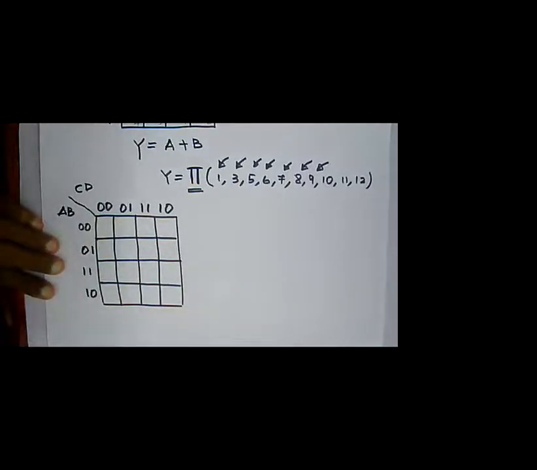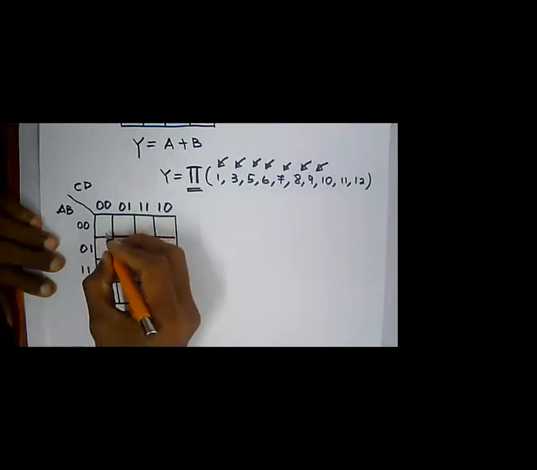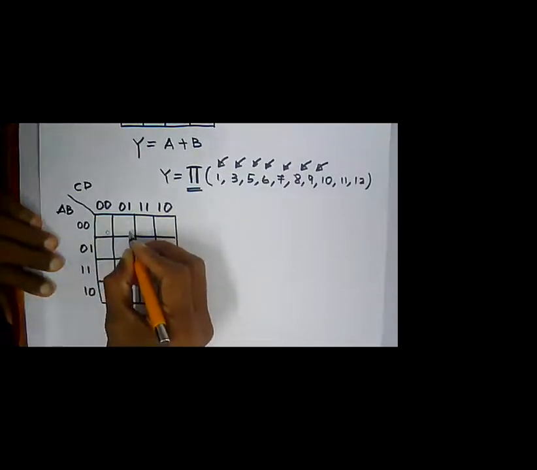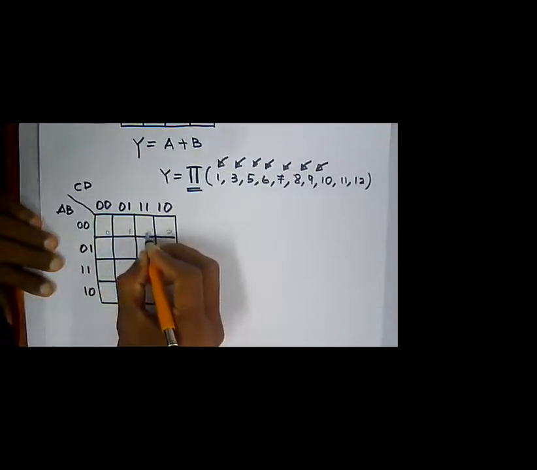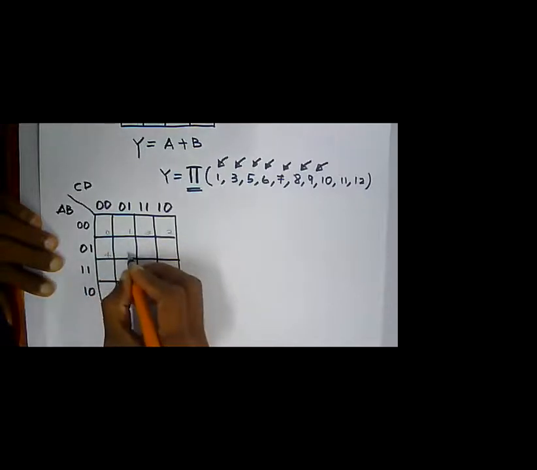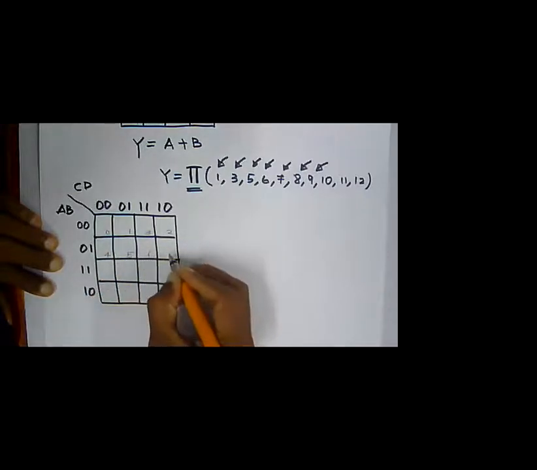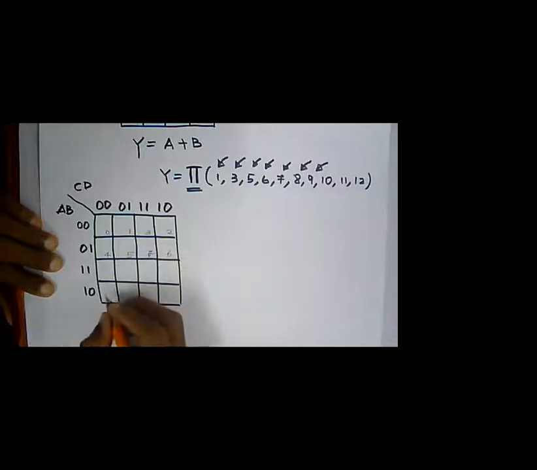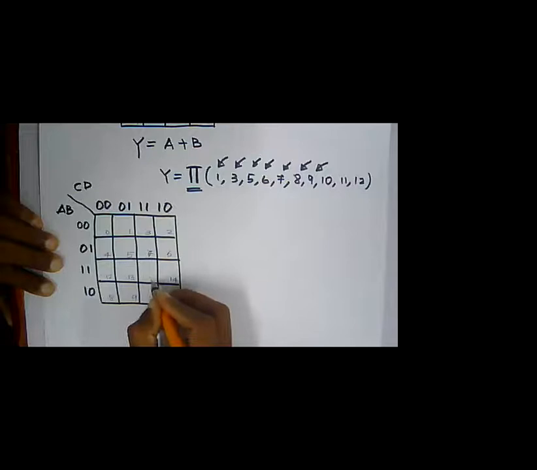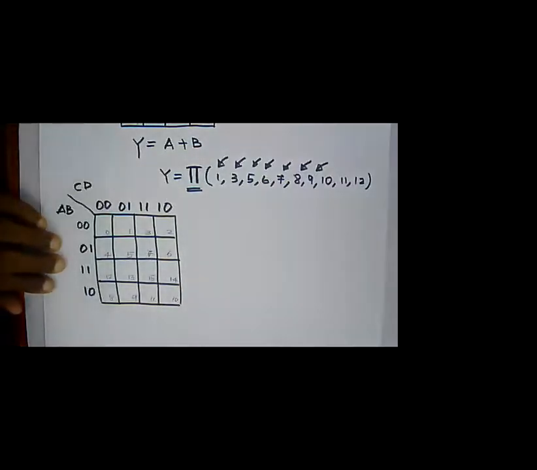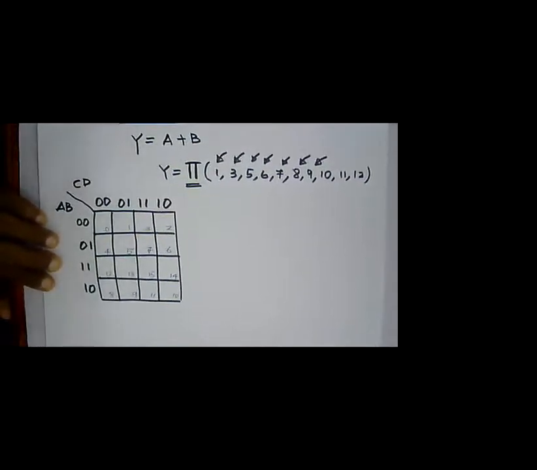So I can simply write this as 0, 1, 2, 3, 4, 5, 6, 7, 8, 9, 10, 11, 12, 13, 14, and 15. So now we have the K-map. You can easily fill it.